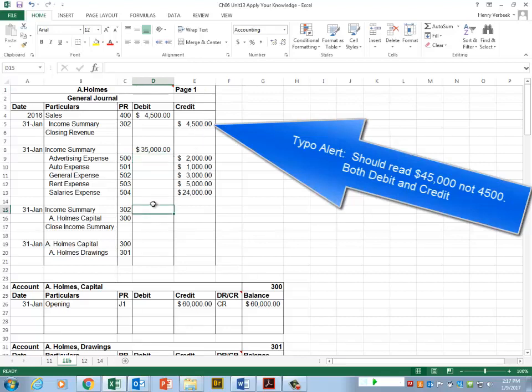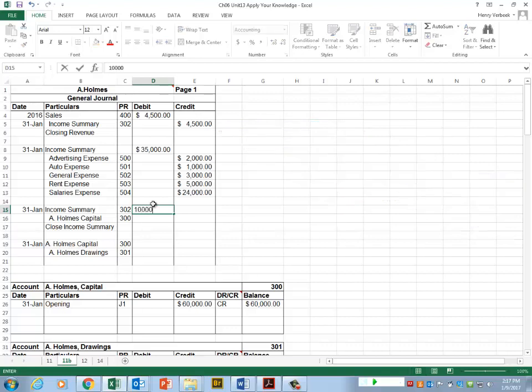So then we've got to put in 10,000 in the debit side. You want to debit the income summary to zero. And then, because we're debiting that, we've got to credit capital to balance that out. So you do exactly the same amount.